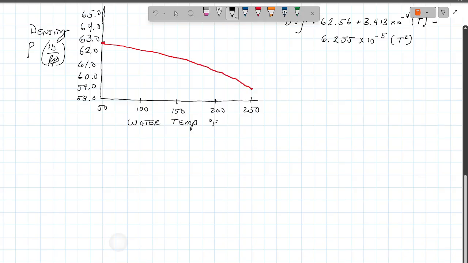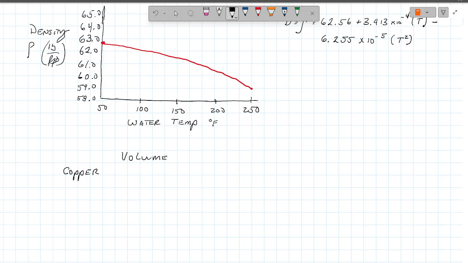If we're using copper, and I should label this thing as volume factor for tubing. All right, and we'll do PEX because that's another one we need to play with.